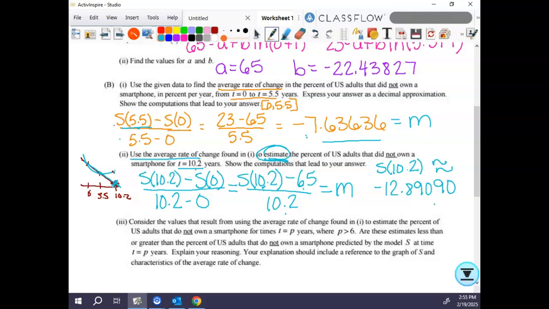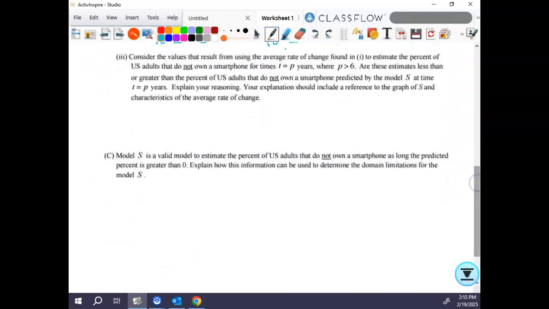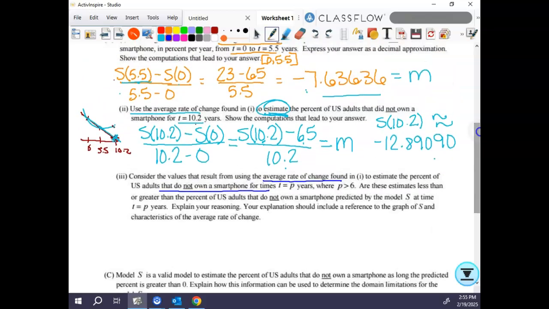Now this next part here says, and this is very wordy, so we have to make sure we can make sense of all this. Consider the values that result from using the average rate of change found in N1 to estimate the percent of US adults that do not own a smartphone. So it's saying, let's think about, if I'm going to use this slope to estimate numbers, right?